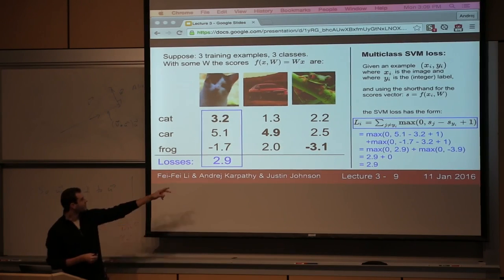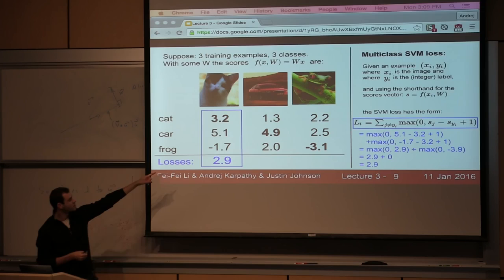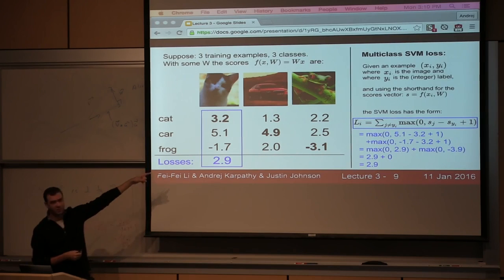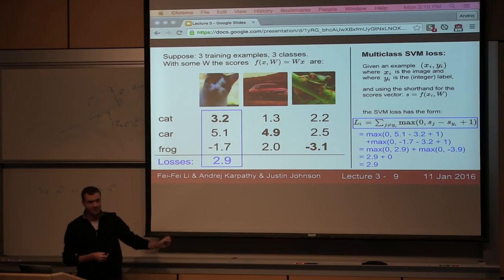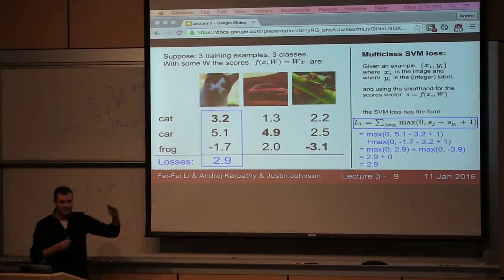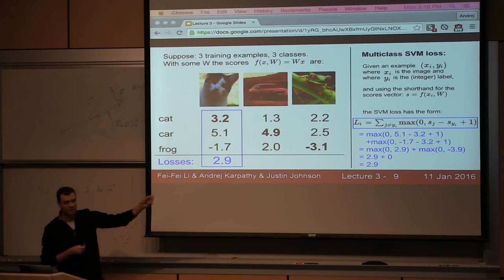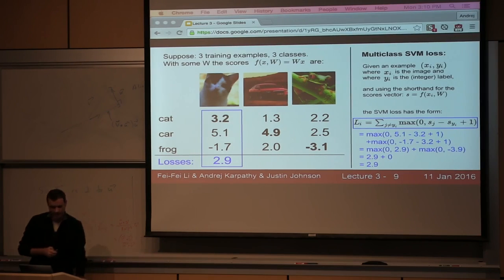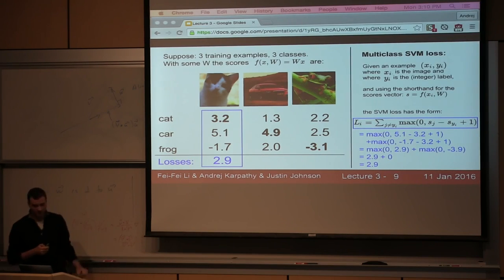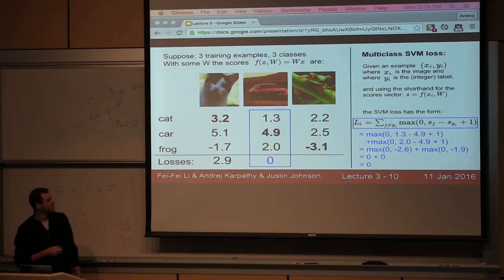And in the frog case, you can see that the frog score was quite a bit lower, below 2.2. And so the way that works out in the math is that you end up getting a negative number when you compare the scores, and then the max of 0 clamps it at 0, so you get a 0 loss contribution for that particular part, and you end up with a loss of 2.9. Okay? So that's the loss for this first image. For the second image, we're going to again do the same thing, plug in the numbers.